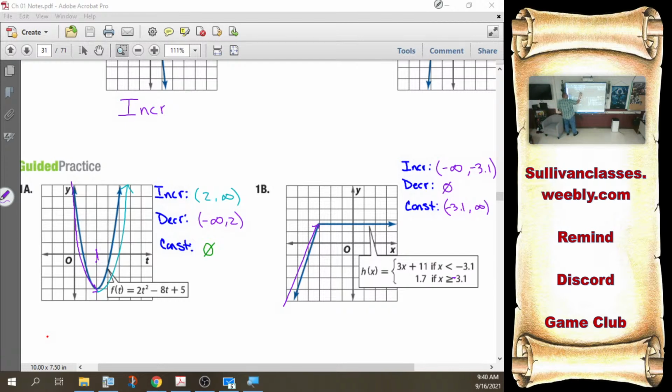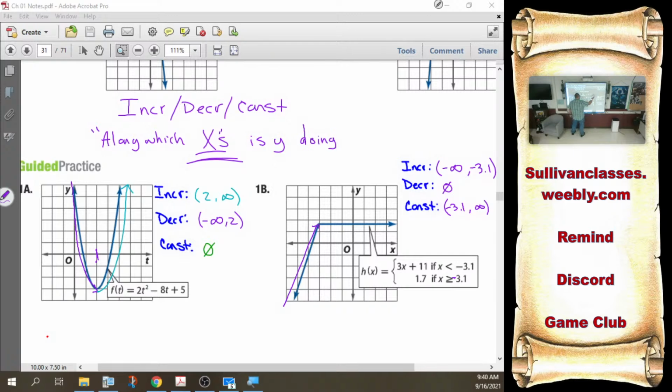This whole increase, decrease, constant is along which x's is y doing that. Okay? Along which x's are my y's increasing or decreasing?